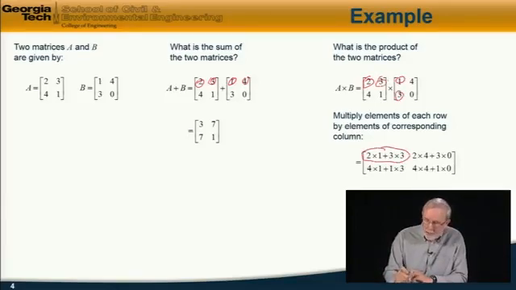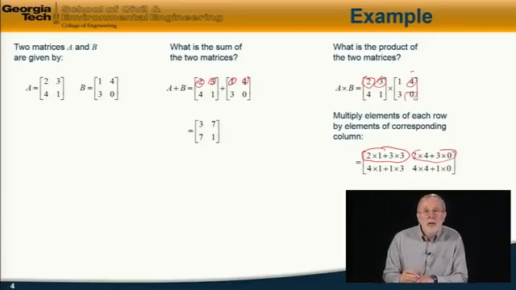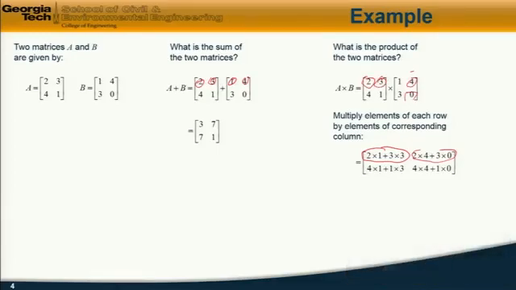And the second element here is 2 times 4 plus 3 times 0. And similarly for the bottom row. So computing all those numbers out, the answer is 11, 8, 7, 16 is the product of those 2 matrices.